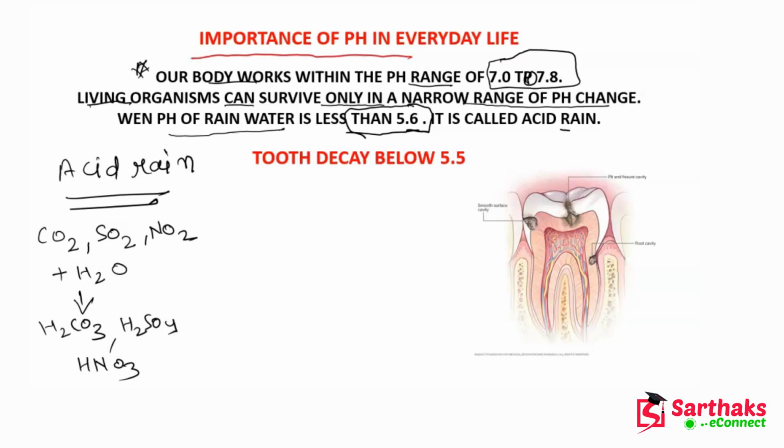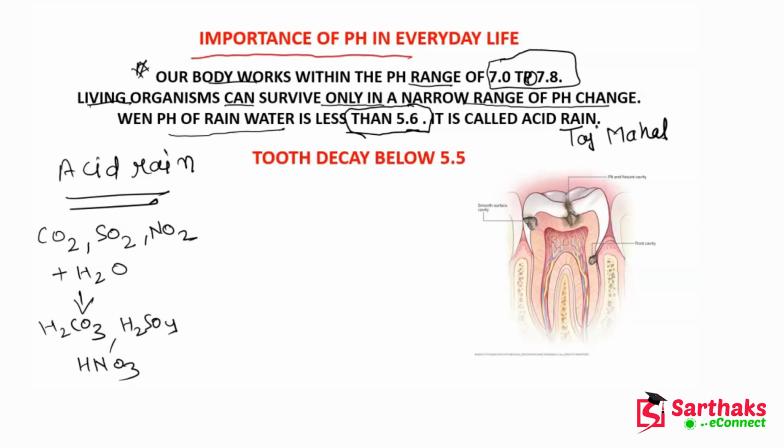You might have seen that the color of the Taj Mahal has become yellowish. Why? Because of this acidic rain, which corroded the color of the Taj Mahal. I hope guys this is clear to you.